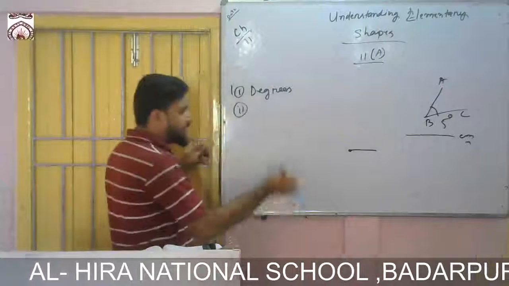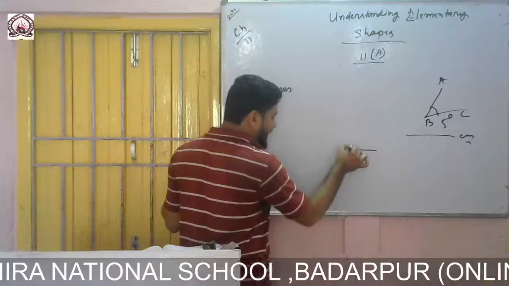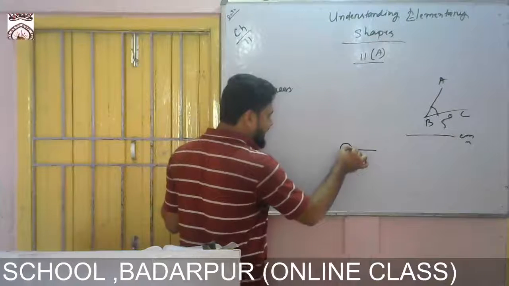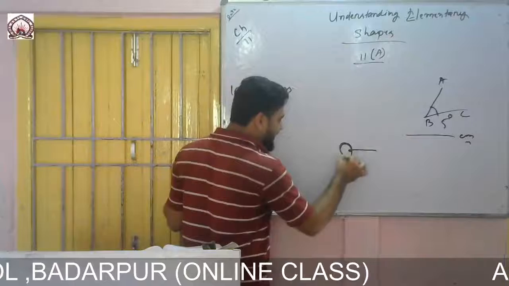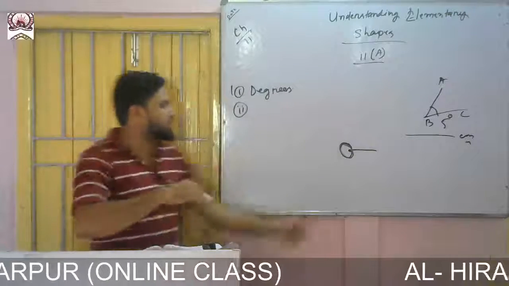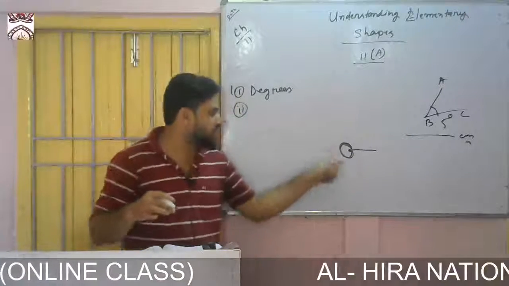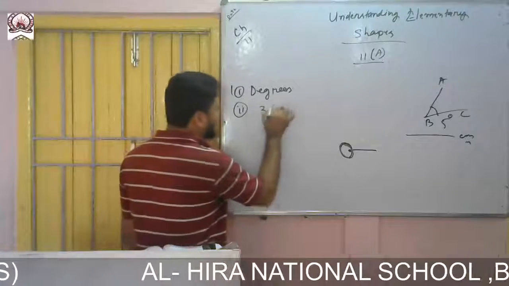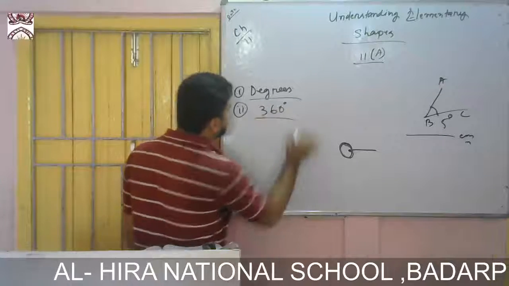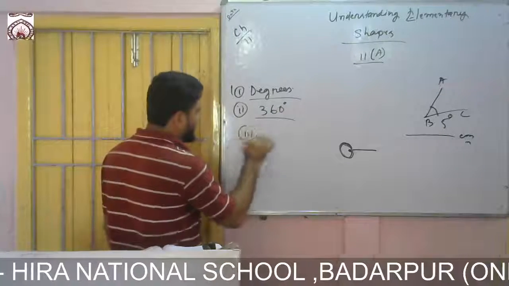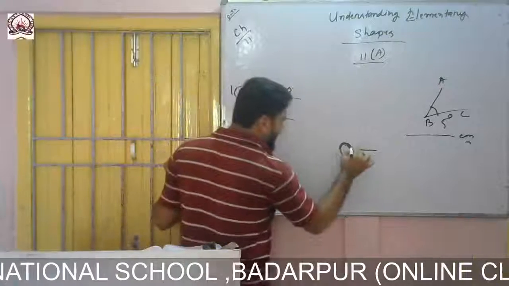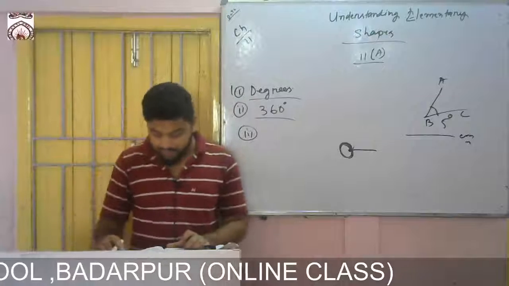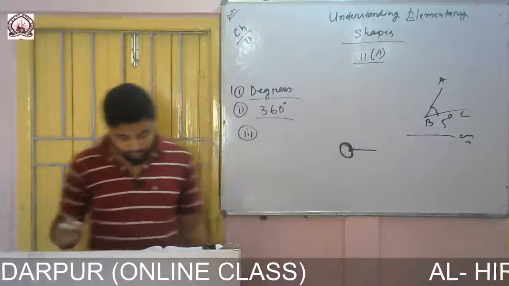If I start from there and complete the rotation, and come to the same place, it is circular, so this will be 360 degrees. One complete rotation takes 360 degrees. You remember that one. Now come to number 3.